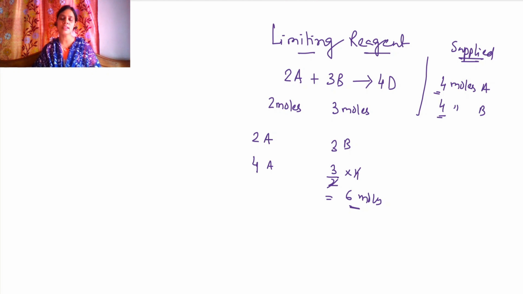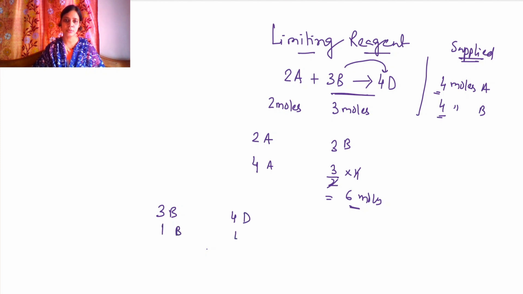So as B is the limiting reagent, obviously A will be the excess reagent, and always we calculate the product during the reaction from which one? From the limiting reagent. So here I calculate the amount of D from this B only. How can I calculate? From this reaction ratio I can write 3 moles of B reacts to give 4 moles of D. So 1 mole of B gives 4 by 3 moles of D, and here supplied B is 4 moles.